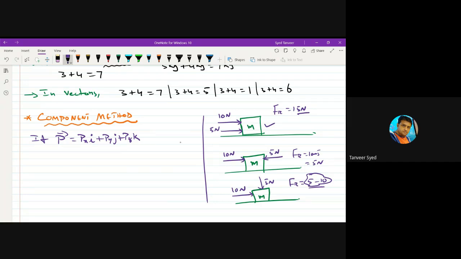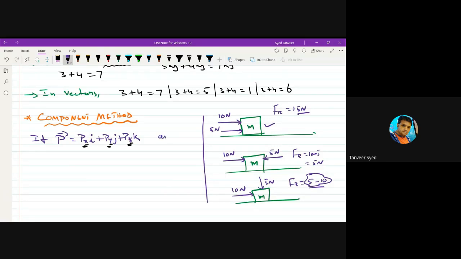Immediately you should understand that the value of this vector P along I direction is Px, along J direction is Py, along K direction is Pz. As I direction is X direction, I am using Px here, as suffix. J direction is Y direction, I am using Py. K direction is Z direction, I am using Pz.